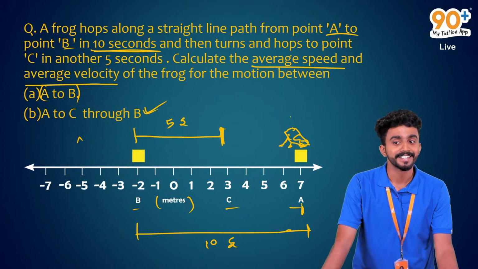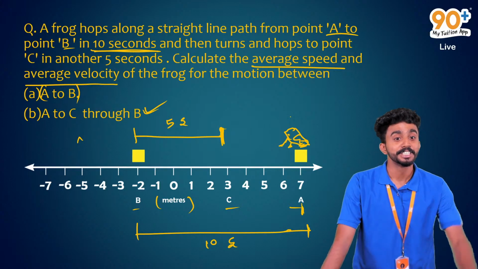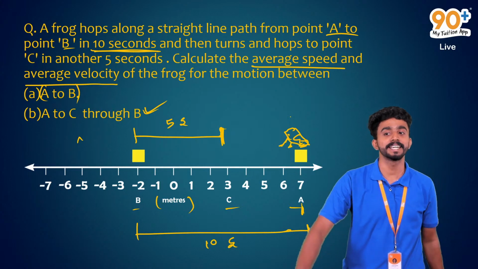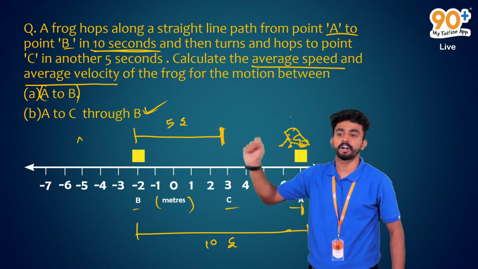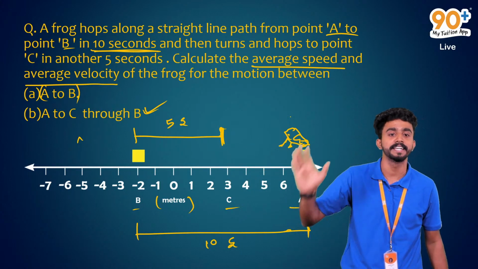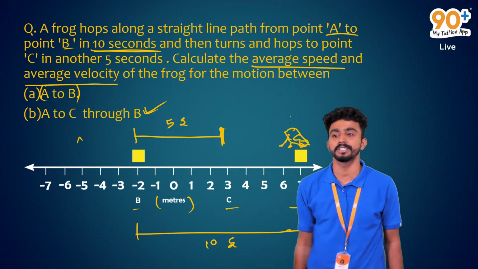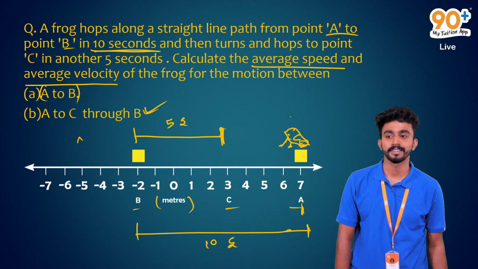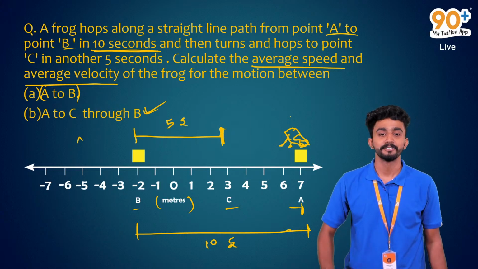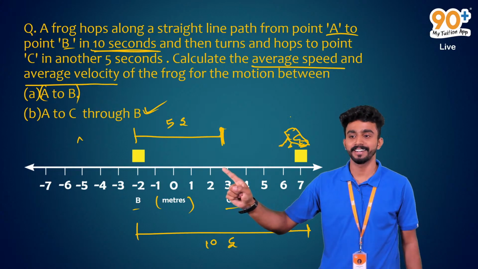Displacement is the shortest distance from the initial point to the final point, right? Or initial position to final position, right? What is the shortest distance from A to C? 4 units, right? Got it?